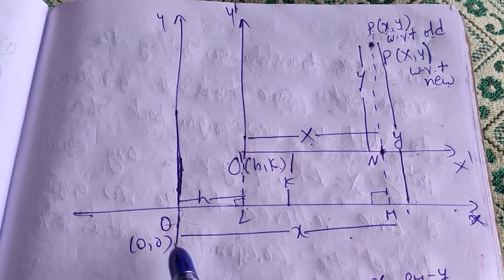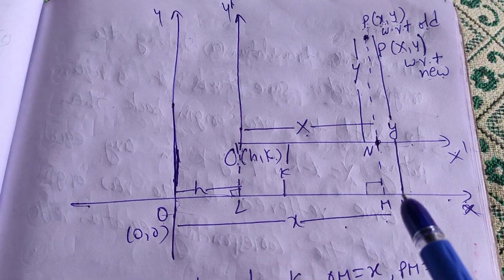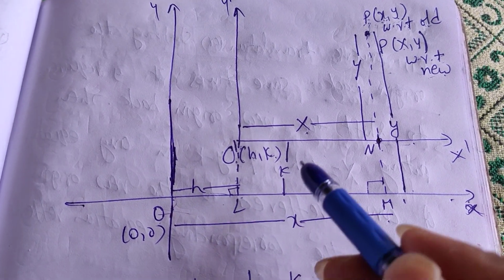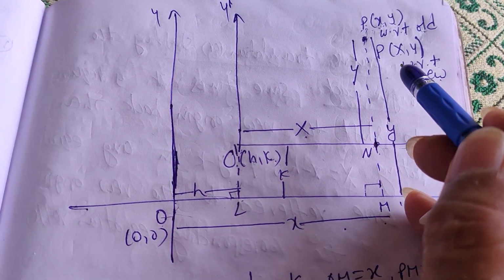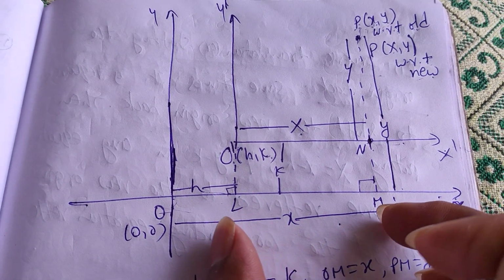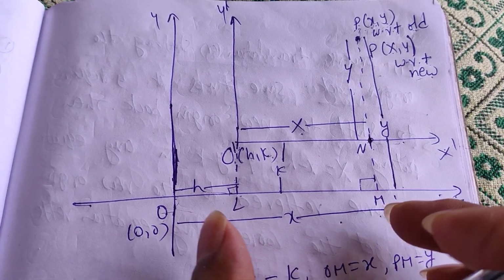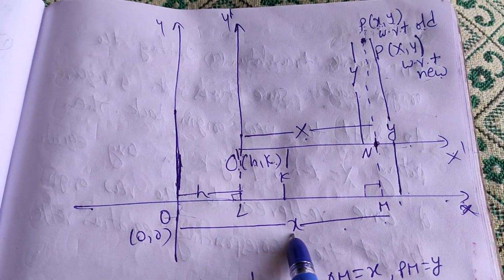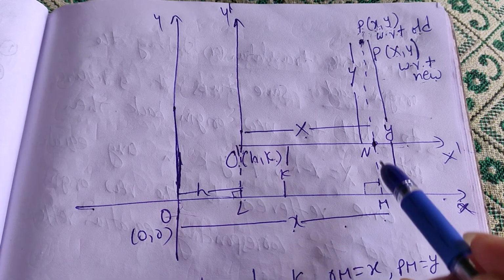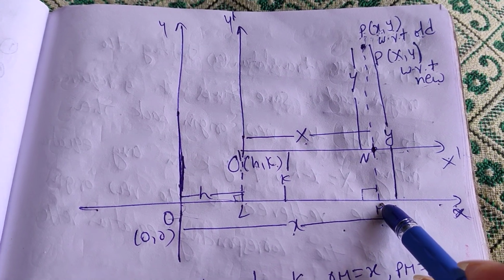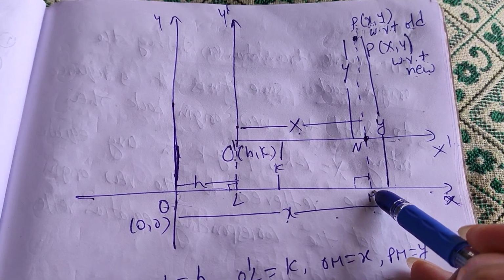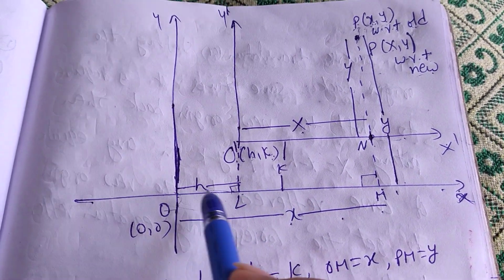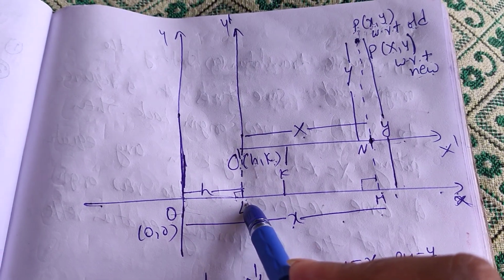Now understand, all of you. According to the original axis and according to the new coordinate axis, I am considering x comma y and capital X comma Y. So I discussed the lengths. According to the original coordinate axis, OM is small x and PM is small y. And since O dash is the point h comma k, OL is h and O dash L is k.